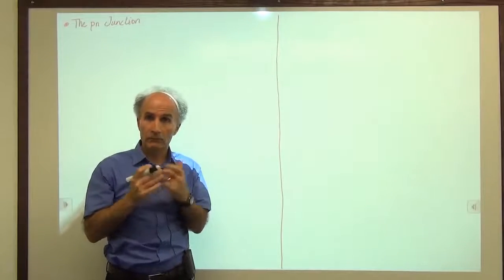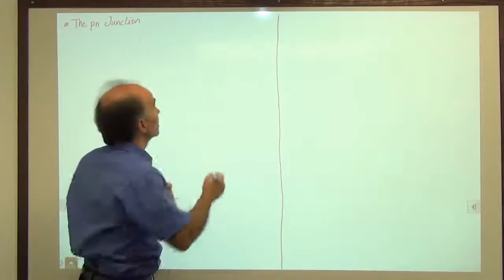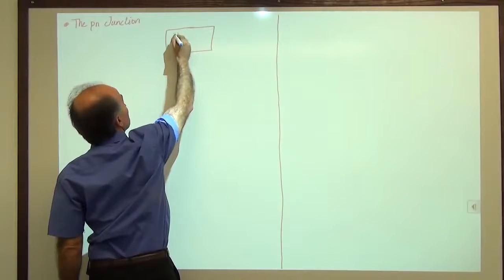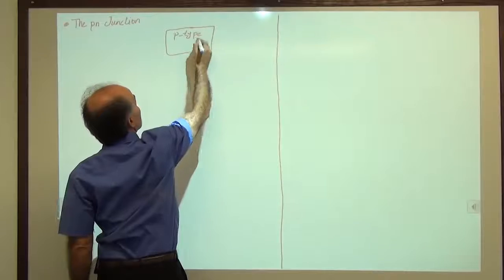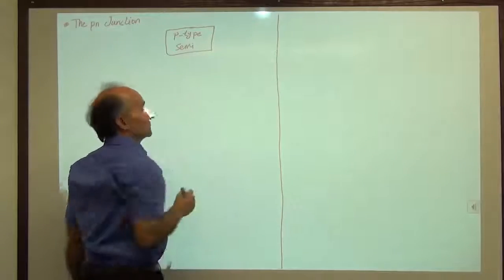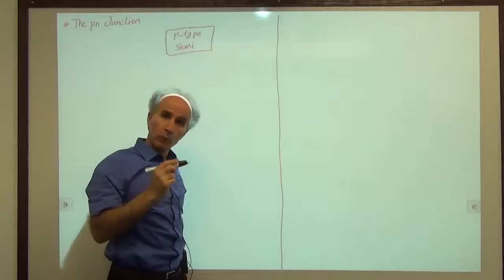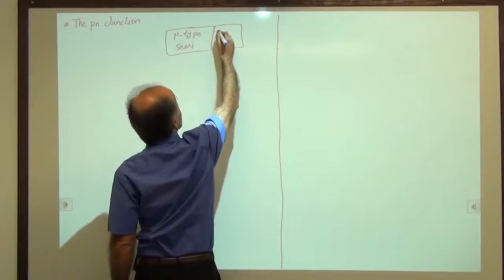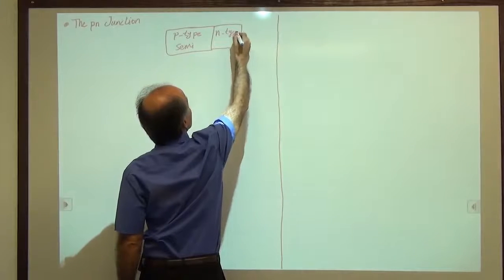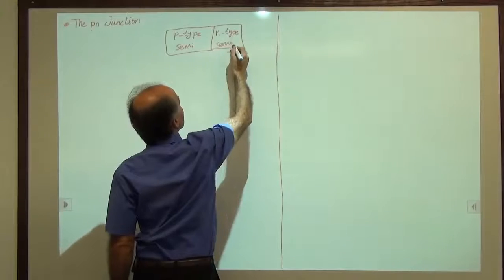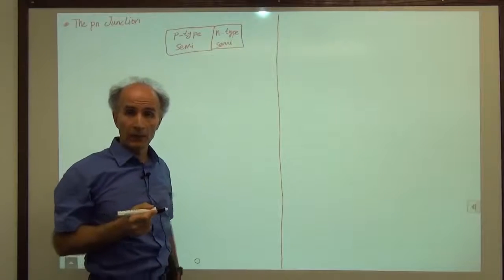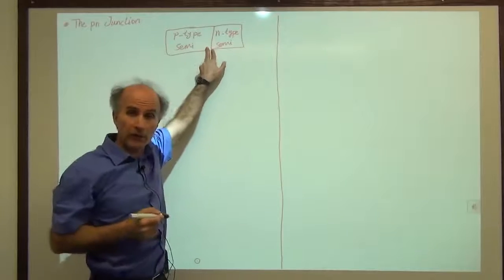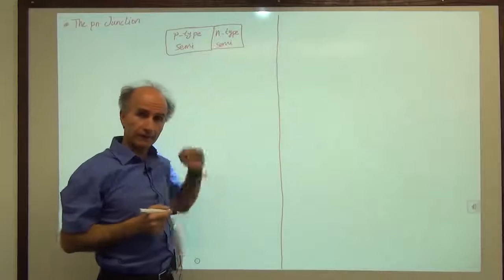So, at a very high level, that's exactly what we're doing. We have a piece of P-type semiconductor, for example, silicon doped with boron, and a piece of N-type semiconductor, for example, silicon with phosphorus atoms, and we have attached them together to form a junction right here.